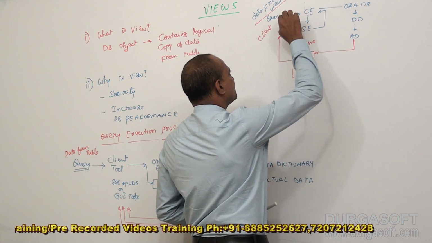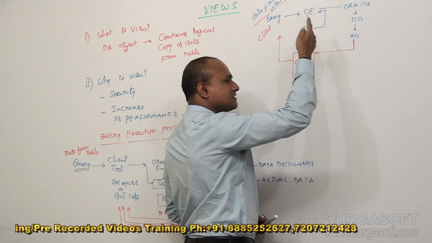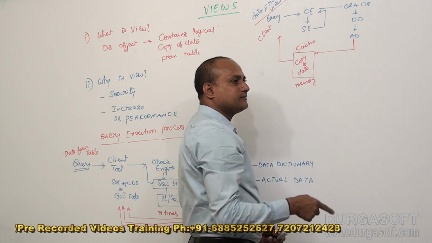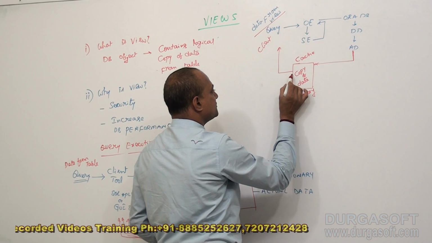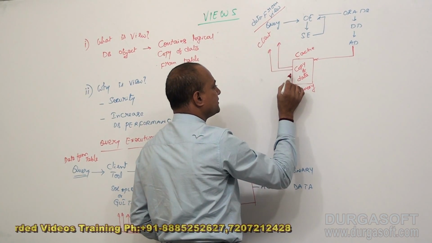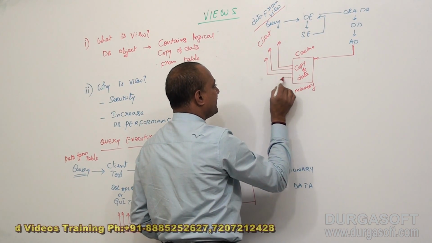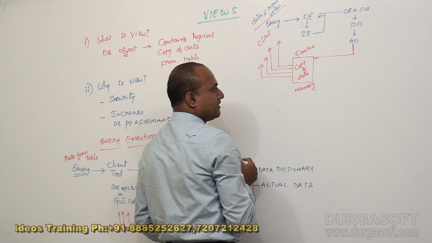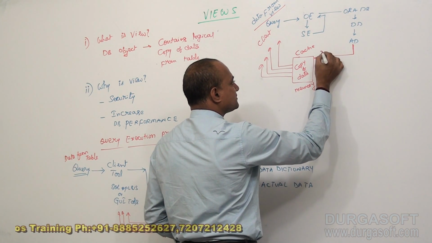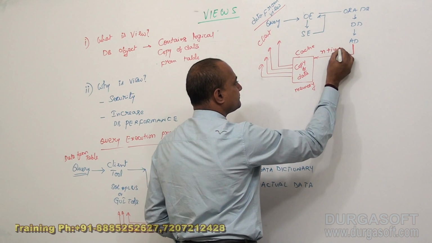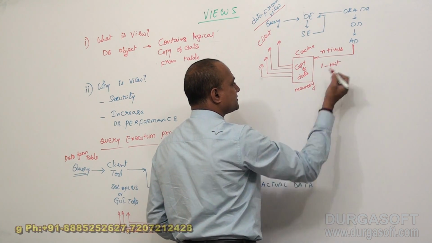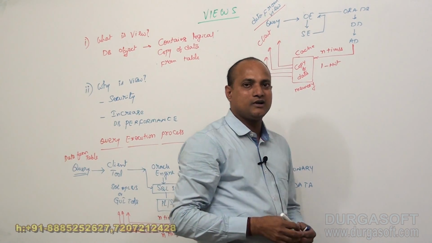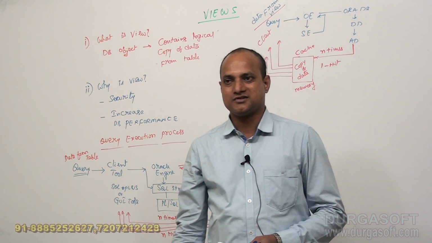Next time, the client writes the same query to select data from the same view. Then it will not hit the database engine. It will hit the cache memory and get the data to the client machine. So you are selecting n times, but there is only one hit to the database engine.